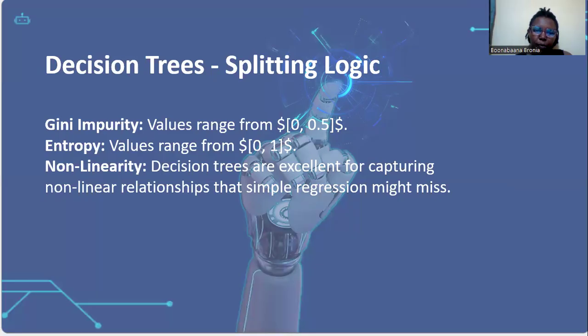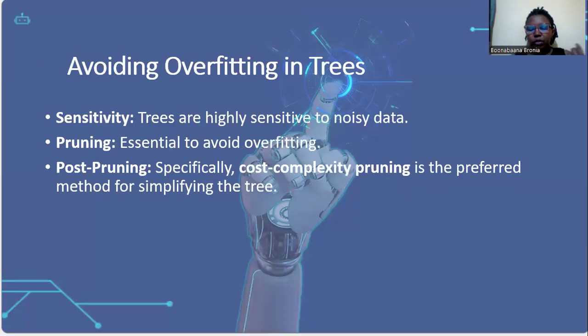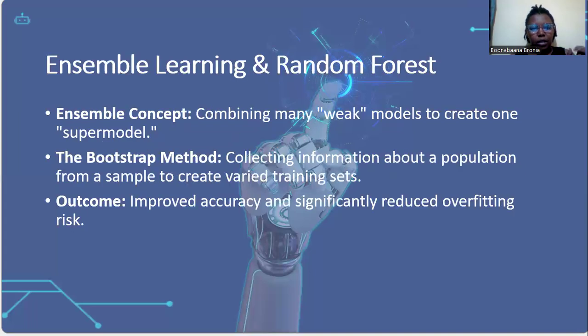And entropy values range from 0 to 1, and Gini impurity from 0 to 0.5. So the nonlinearity of the decision trees is excellent for capturing nonlinear relationships that simple regression might miss. One way of avoiding overfitting in trees is pre-pruning and post-pruning.